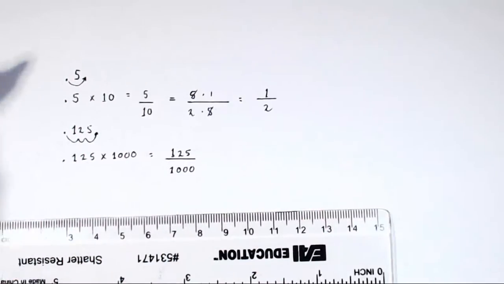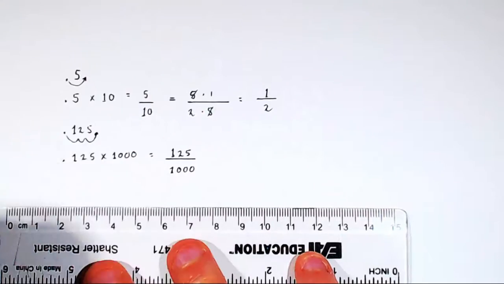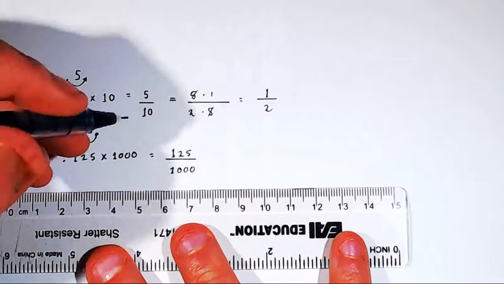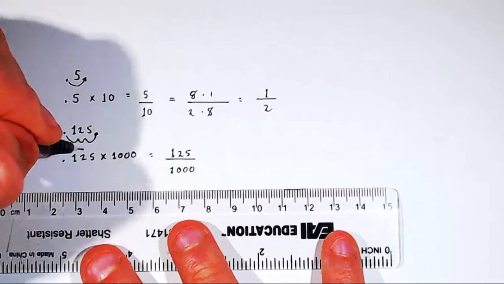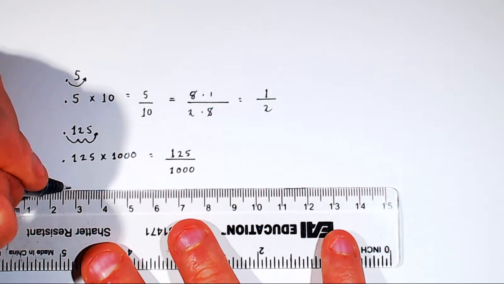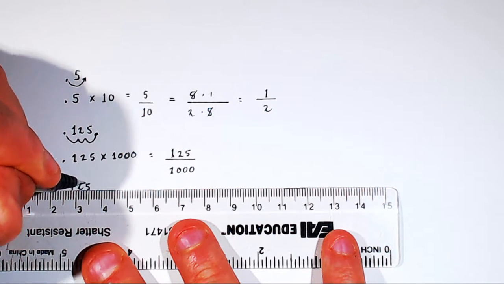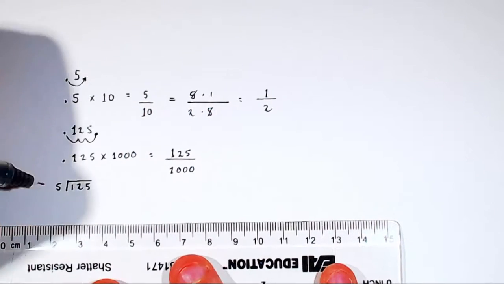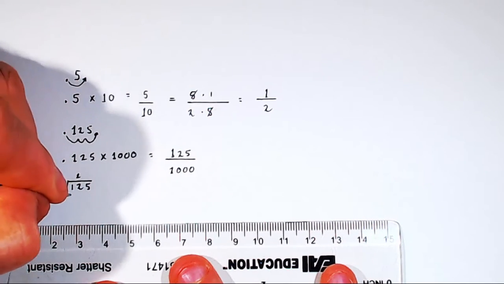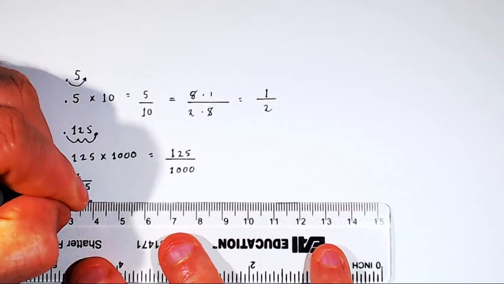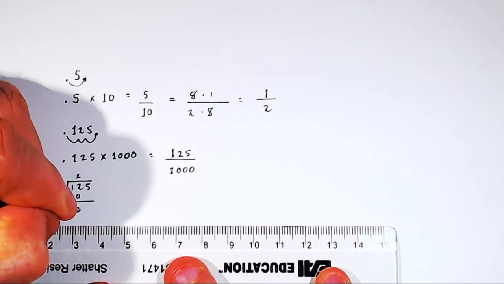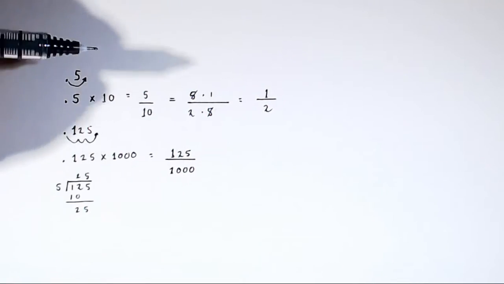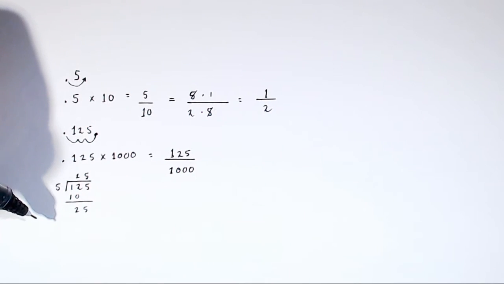Okay, so now we do the same thing again. We write out the prime factorization of 125 and of 1,000. We have to figure out the prime factorization of 125. So we'll take 125 and divide by 5. 5 goes into 12 2 times. 2 times 5 is 10, so we subtract that out, there's 2 left, bring down the 5, 25, 5 goes into 25 5 times. So we have 5 times 25.